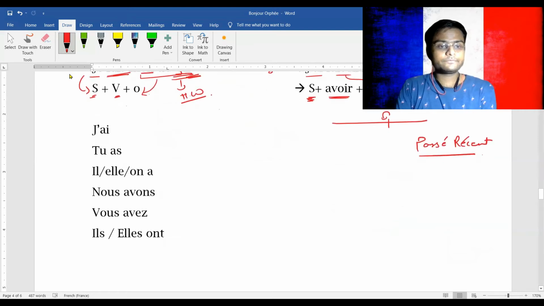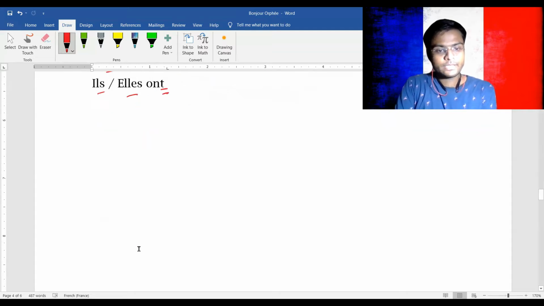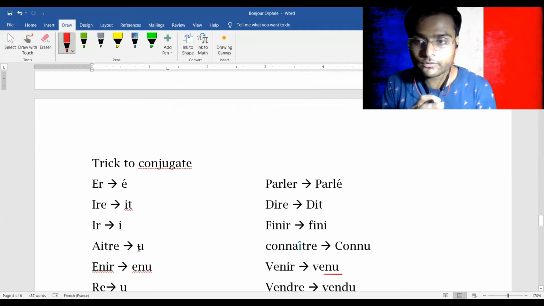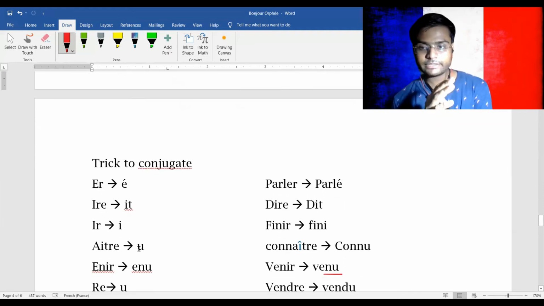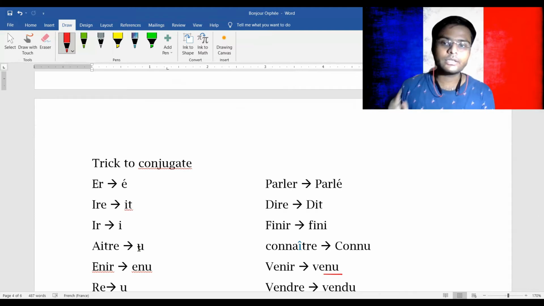J'ai, tu as, il a, elle a, on a, nous avons, vous avez, ils ont, elles ont. Now remember, before we go further, 90% of the passé composé depends on avoir. 10% depends on être, which we are going to learn.